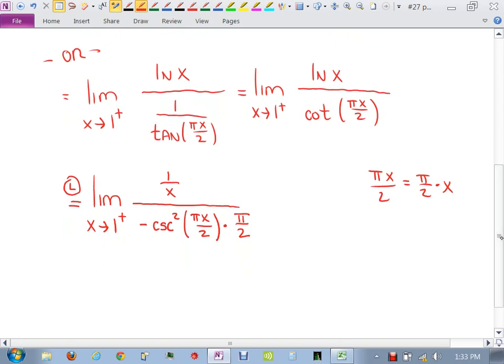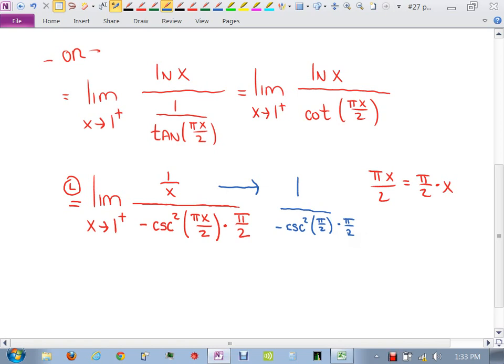Okay, now I'm going to have to check again to see what happens. So let's let x go to 1. We get 1 over negative cosecant squared of, see, if x is 1, that's pi over 2, and then times pi over 2. Agreed?